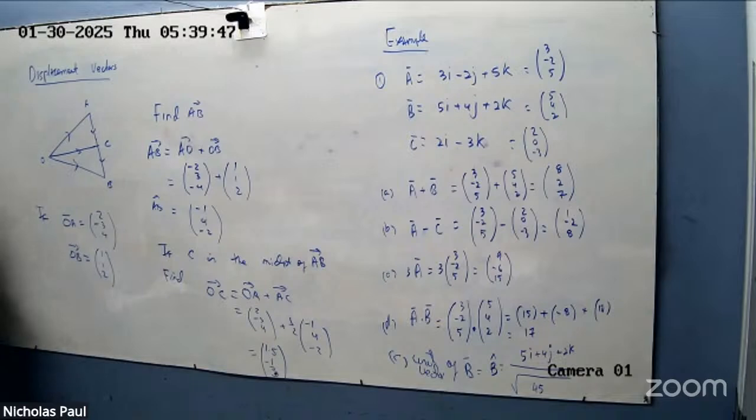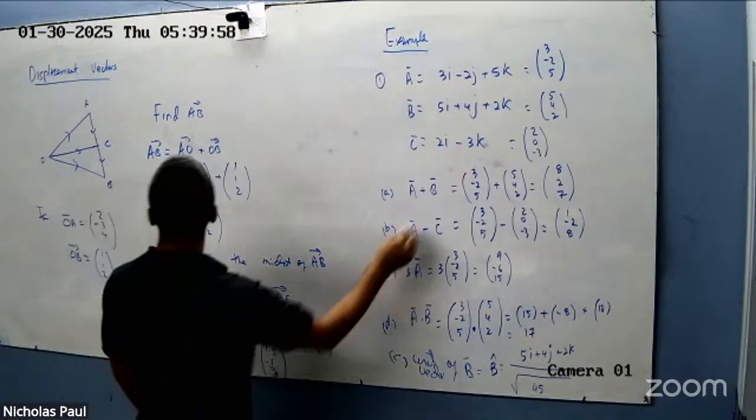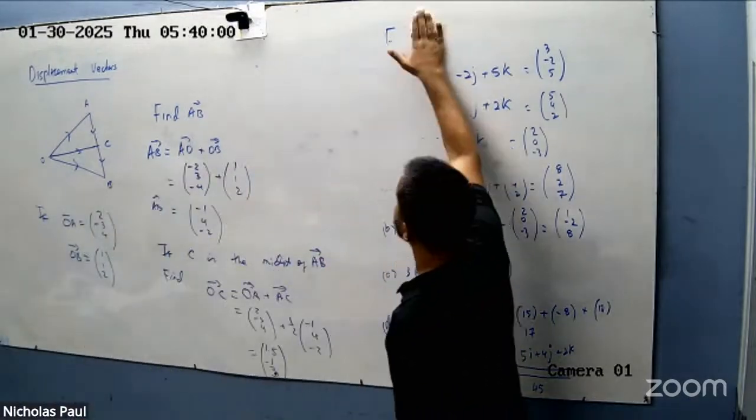Last thing that we have to do before we complicate it a little bit is we're going to find the angle between two vectors. What's the formula for the angle between two vectors?